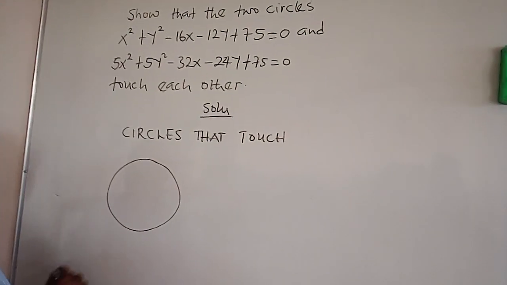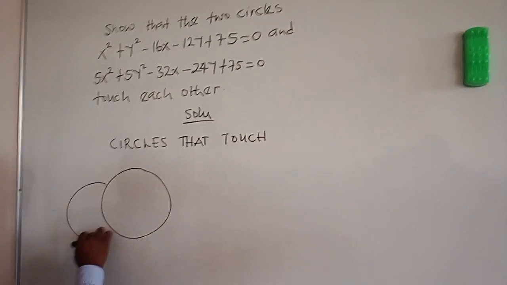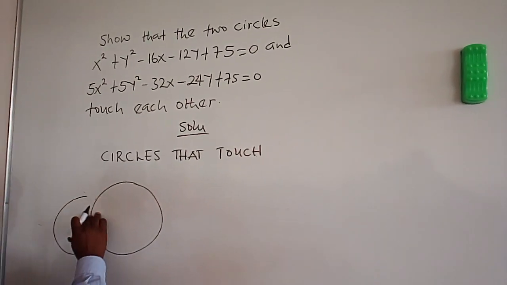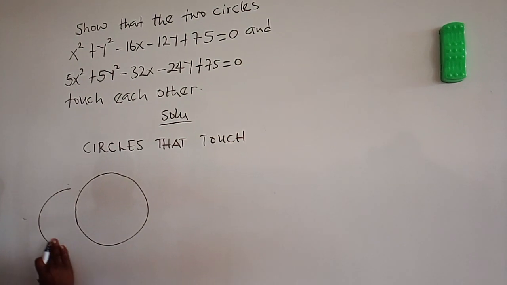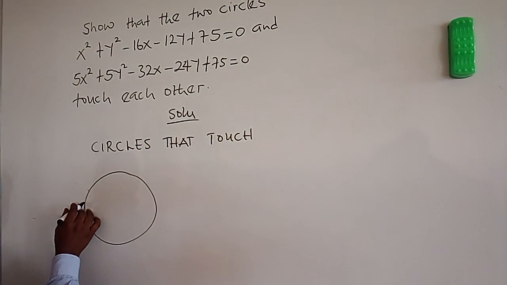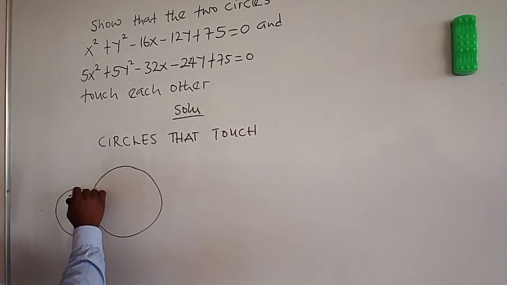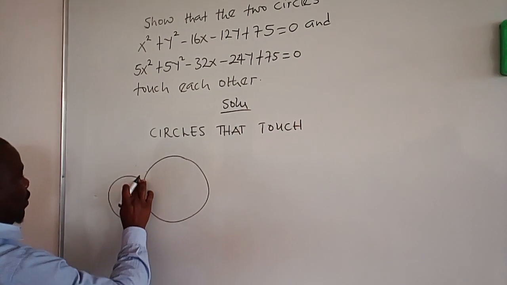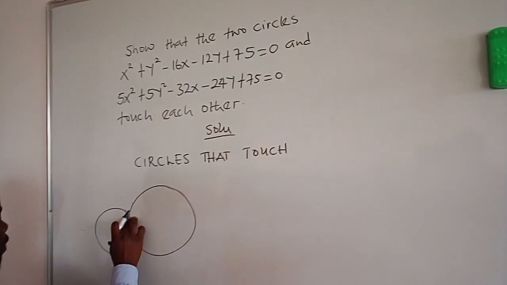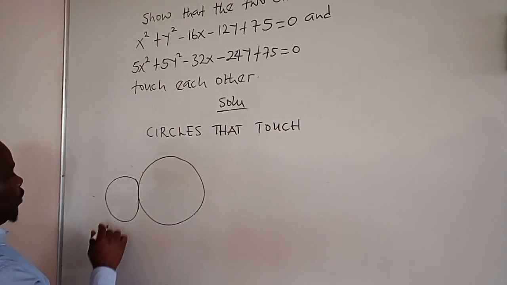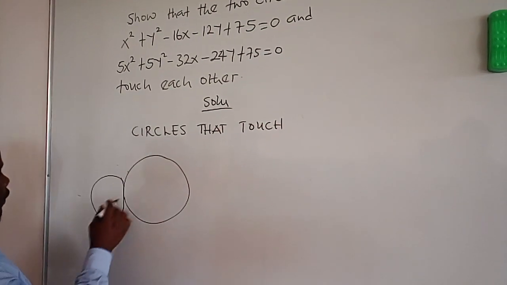If we have this, sorry, I'm using my hand to draw. Let us have it this way. These are two circles, we assume them to be. It's not perfect.